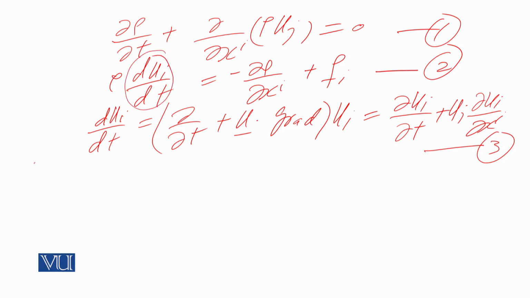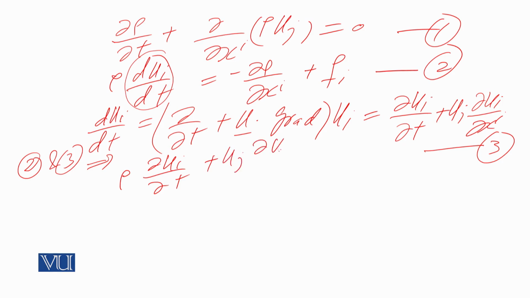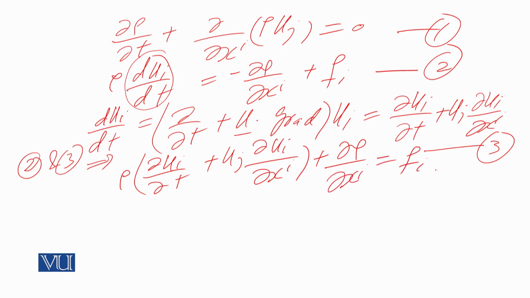So, from 2 and 3 it follows that rho times partial u_i partial t plus u_j partial u_i partial x_j, plus partial p partial x_i, is equal to f_i. Call it number 4. We have just used equation number 3 in equation number 2.